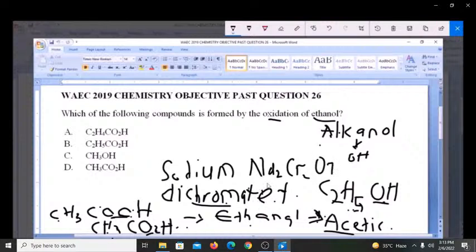So sodium dichromate oxidizes ethanol to give you ethanal, which is then further oxidized to acetic acid. And acetic acid is also known as ethanoic acid and represented by this formula CH3COOH, which can also be represented as CH3CO2H. So by going by that explanation, the answer is D, which is acetic acid or ethanoic acid.